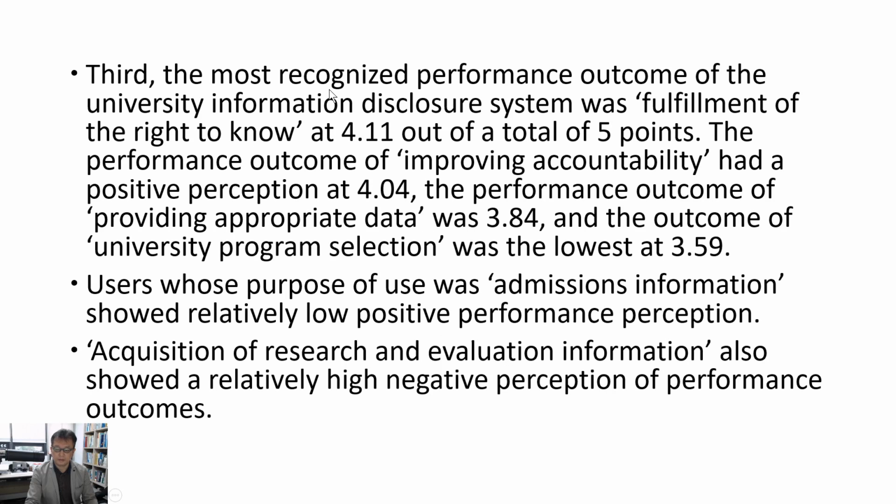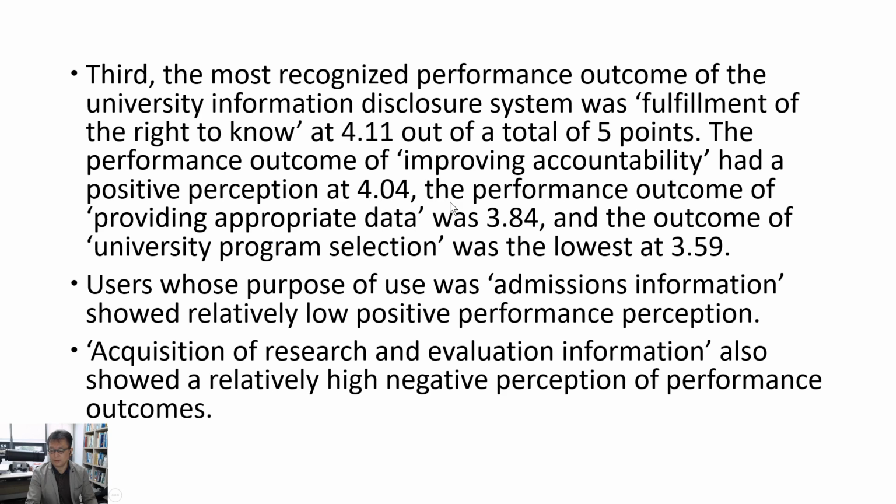Third, the most recognized performance outcome of the university information disclosure system was fulfillment of the right to know at 4.11 out of a total of 5 points. The performance outcome of improving accountability had a positive perception at 4.04.